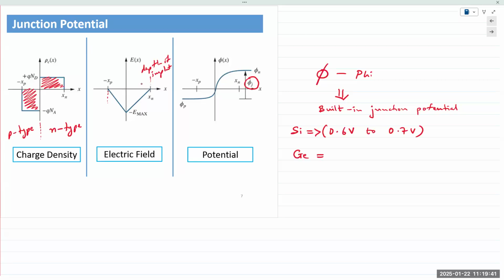For germanium, it is around 0.2 volts to 0.3 volts. This is the amount of voltage that is required to overcome the built-in electric field that is automatically created.